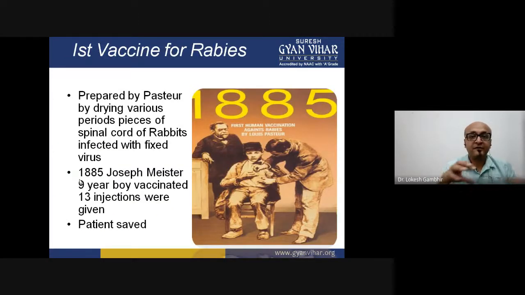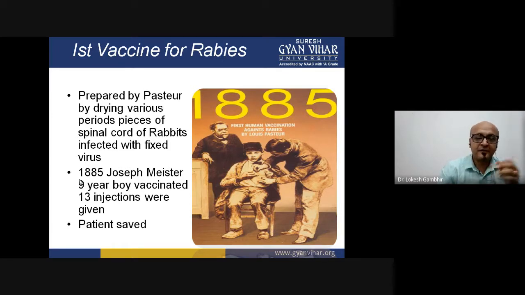So when we are talking about the management of the disease, the first case of management was provided in 1885 by Louis Pasteur. At that time the disease was very much prevailing. People were dying across the nation because of this rabies virus. So what he did, he isolated the viruses and attenuated them, and administered them directly inside the individual.